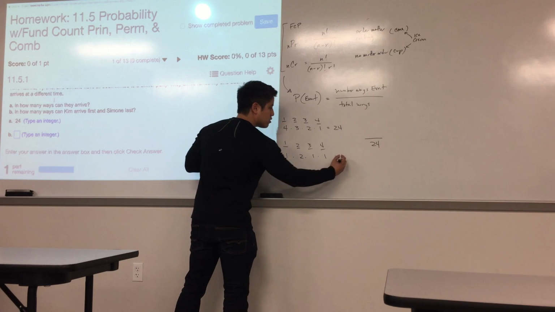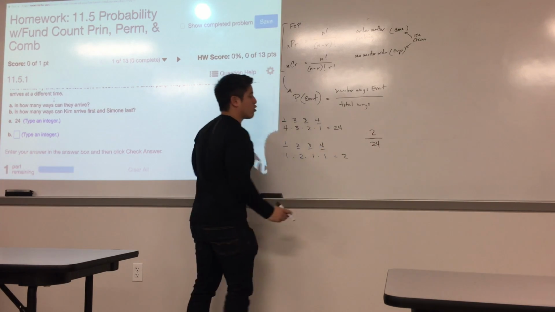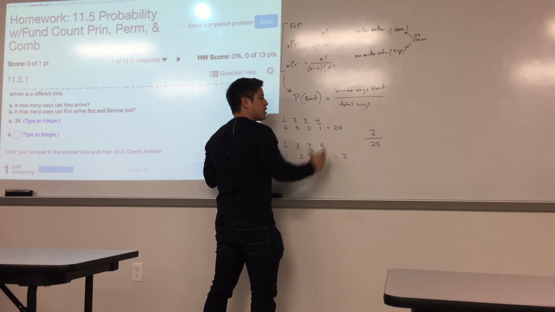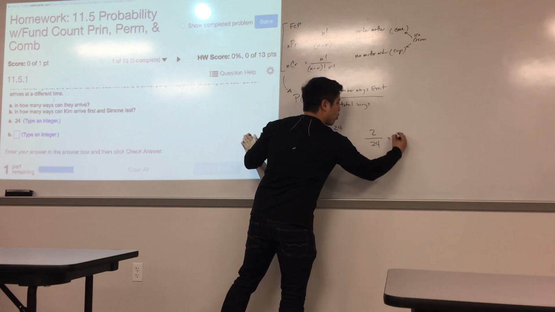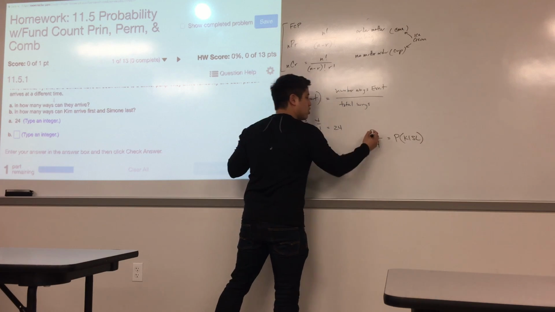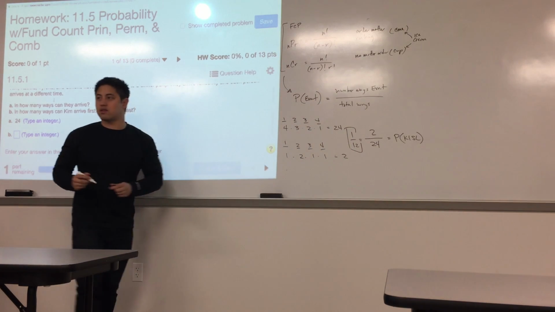So the answer to that is just 2. And so that goes in the numerator because it's the number of ways that the actual event can occur. And now the probability that Kim arrives first and Simone arrives last is 2 out of 24 or 1/12. And that's how you do it. Does that make sense, everybody?